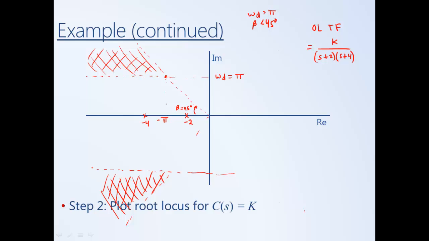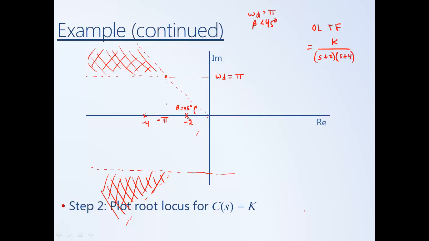The next step is we identify where on the real axis the root locus is located. It needs to be to the left of an odd number of poles and zeros. In this region of the real axis, we're to the left of nothing. There are no poles and zeros, so we're to the left of an even number, and so there's no root locus on this portion.